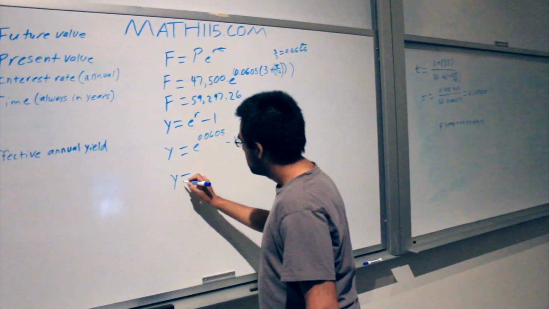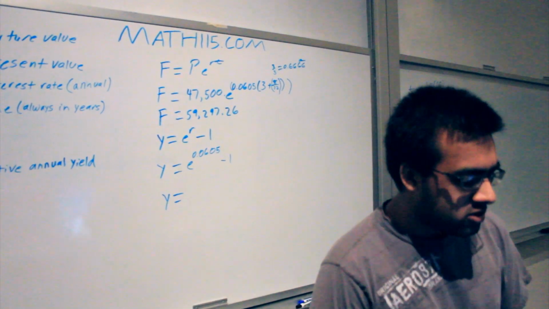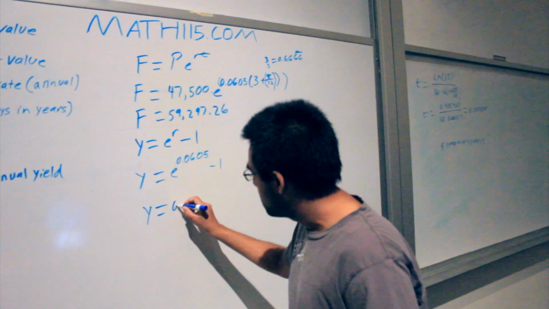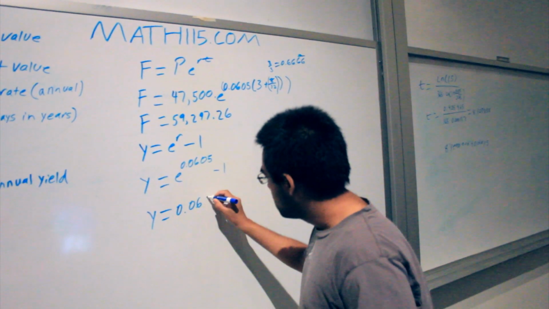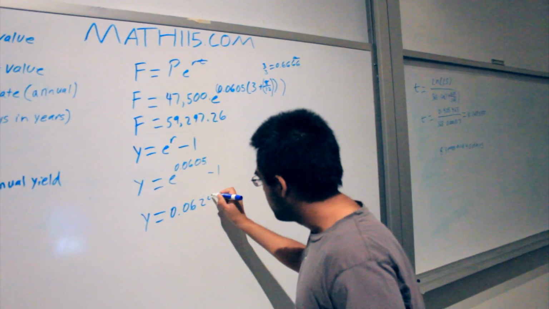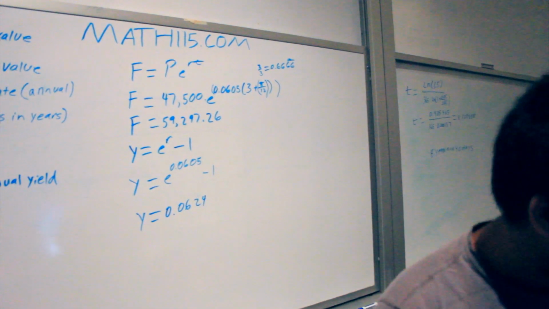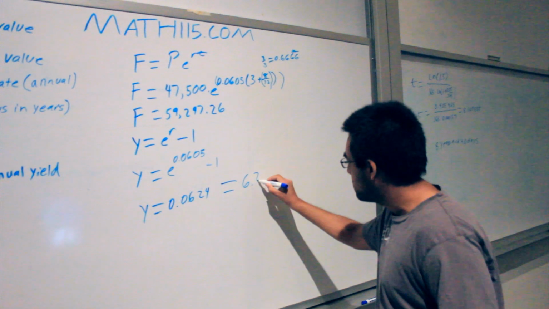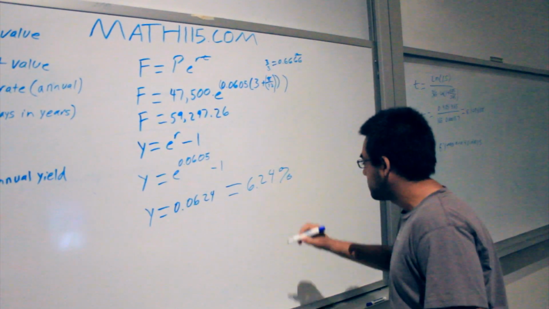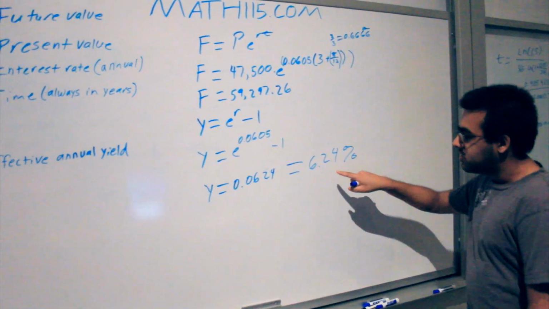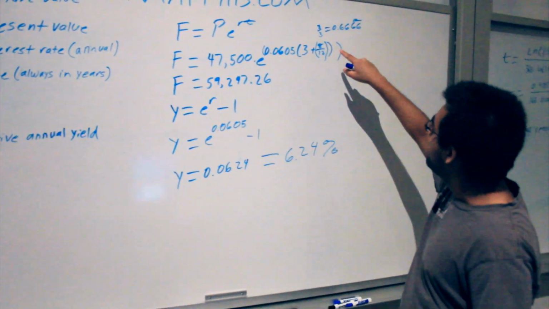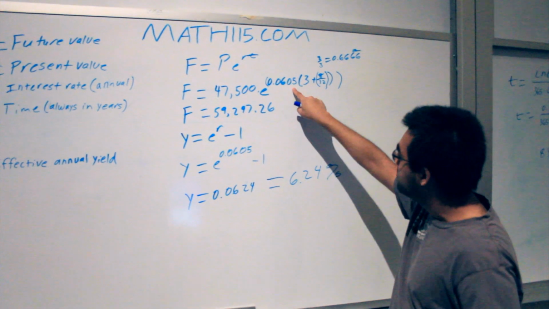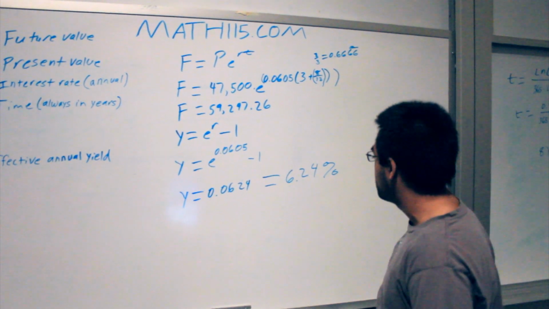So yield is equal to, and what you should get is 0.0624, I'm pretty sure. Yes. And that is the same thing as 6.24%.